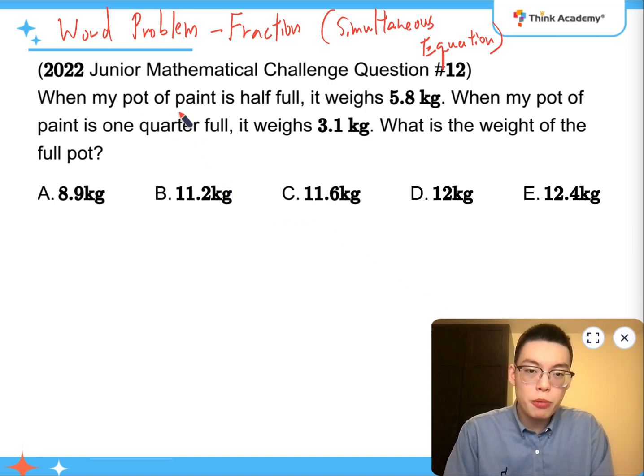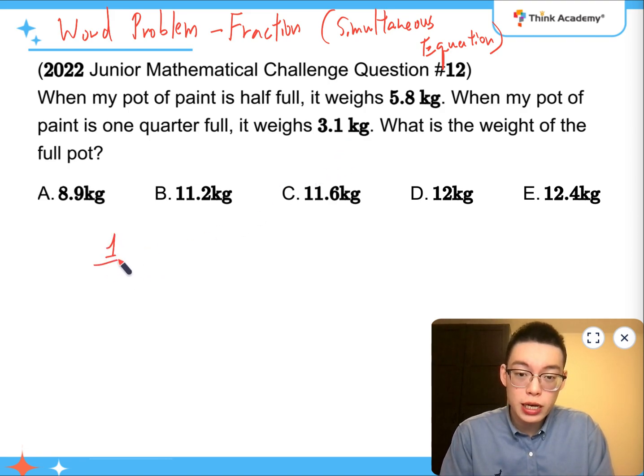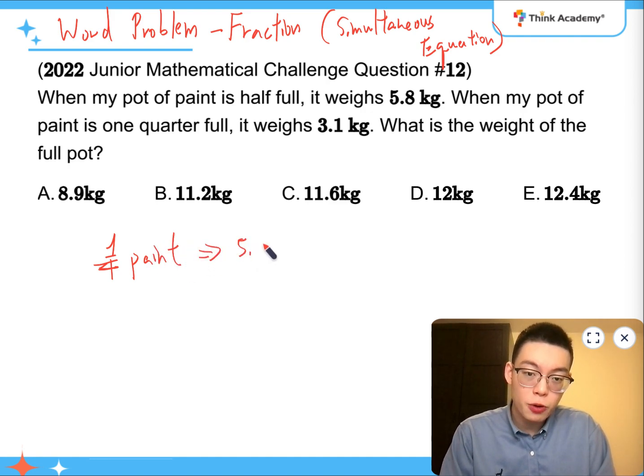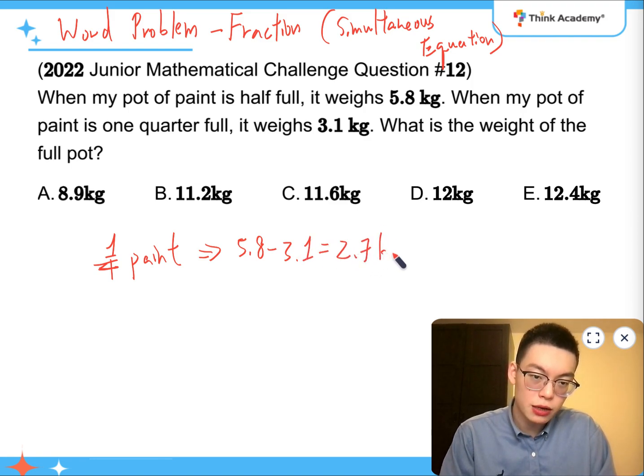So it says that when my pot is half full, it weighs 5.8 kilograms, and when it is quarter full, it weighs 3.1 kilograms, which means a quarter of the paint is weighing 5.8 take away 3.1, that is 2.7 kilograms.